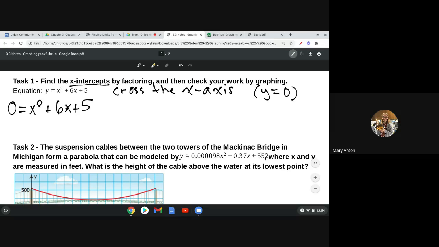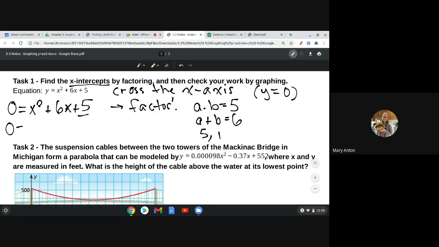We just need two numbers that multiply to 5 and add to 6. What are those two numbers? 5 and 1. Those are your only options.